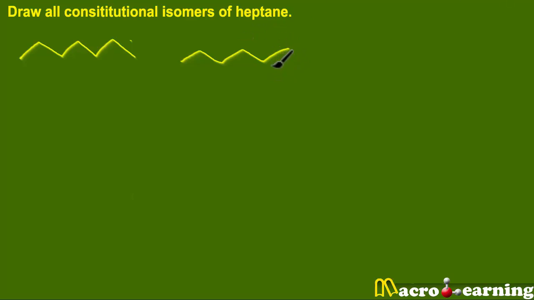So where can we put the methyl group? We can put it here. That's isomer number 2. Or same main chain, methyl group in here instead. That's the 3rd isomer that we have come up with.